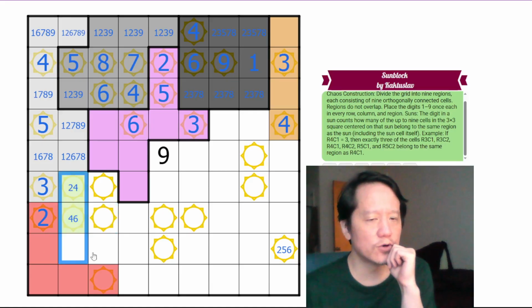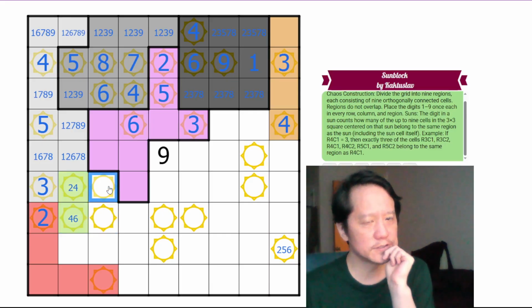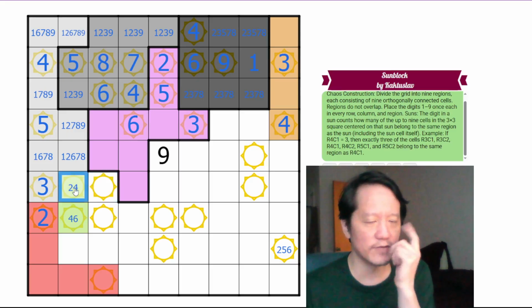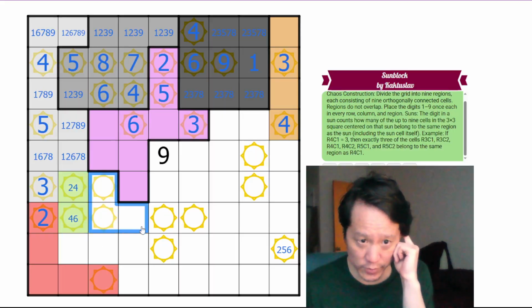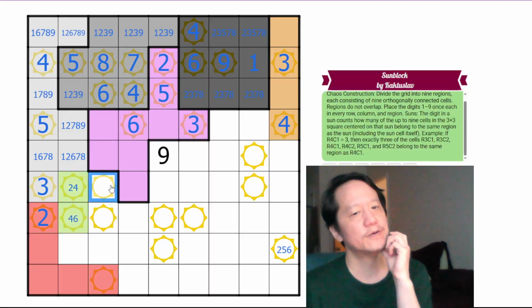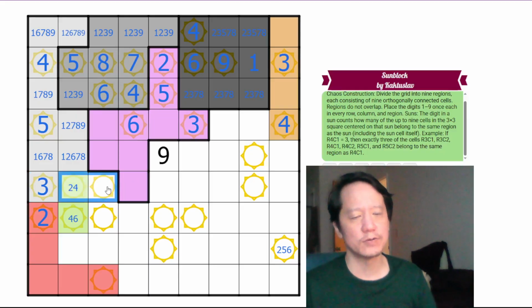If it's 4, it would have to go out here, or maybe it could go... No, it can't go 3 and block this off. Okay, if this were 2, this would have to go out here. This would have to go out here, and this would be 3, which doesn't work because of 3 in the row. So then this must be 4. That makes this 6. So this is all green.